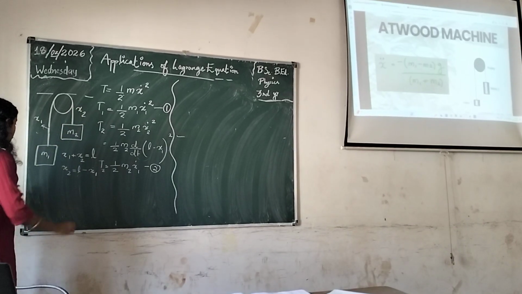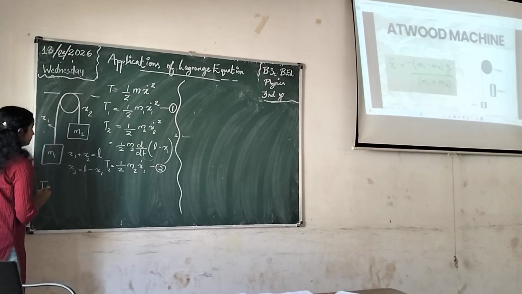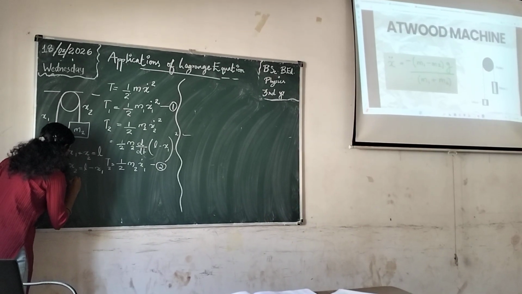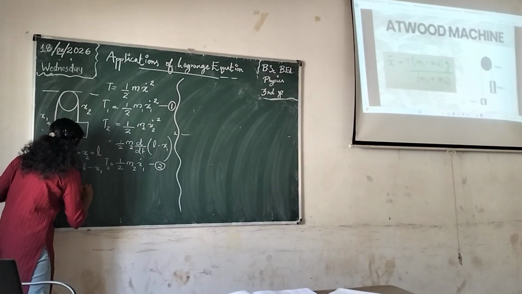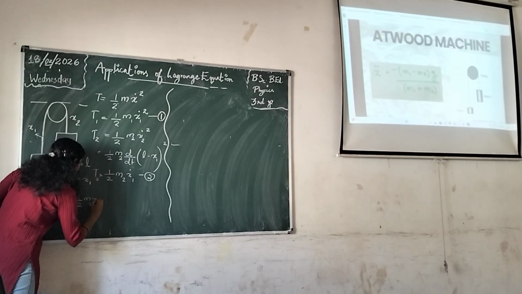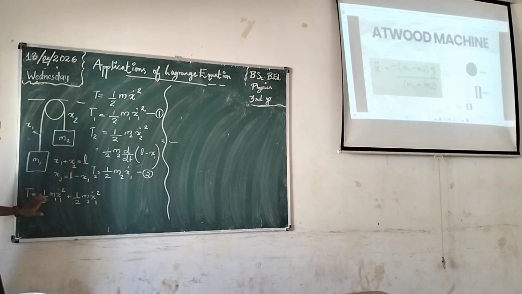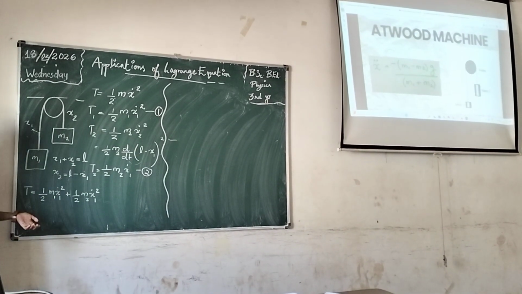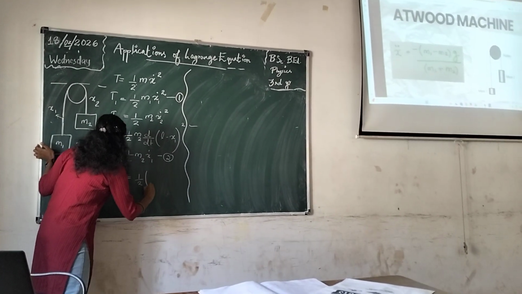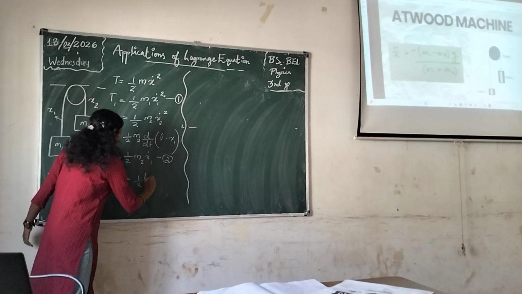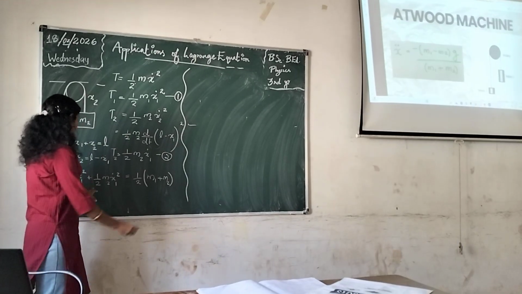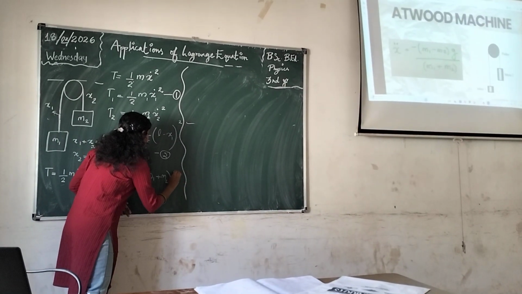So our kinetic energy will be half (m1 plus m2) x1 dot square.